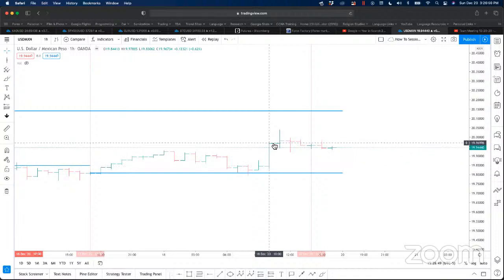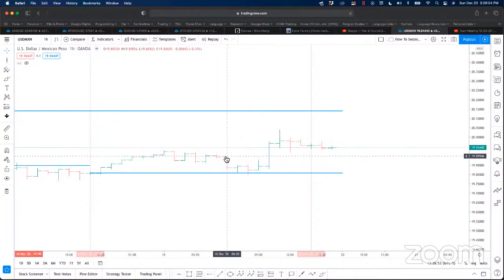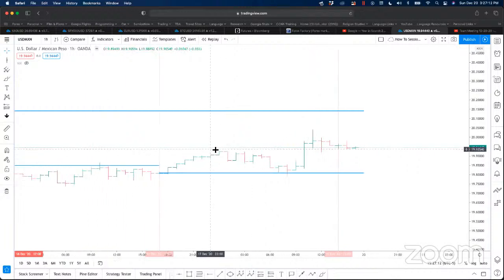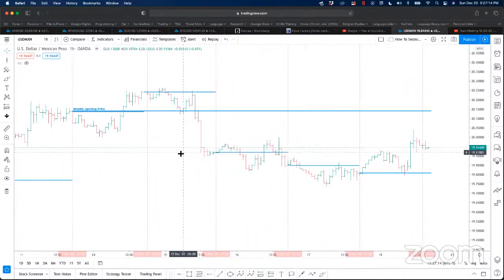This is where it closed on a bullish candle. On a bearish candle, this is where it opened. This is where it closed. The manipulation, if it's a bullish candle, is happening at the bottom half. The manipulation for a bearish candle happens at the top. So keep this in mind.